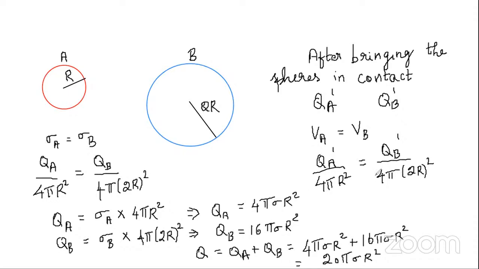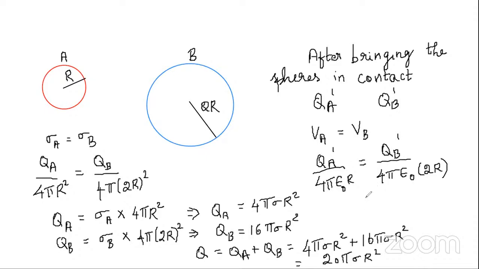Sorry, that's not r square, that is r. Here also it is r. And we need epsilon naught also. So here it will be epsilon naught into capital R, and here it will be epsilon naught into 2r.